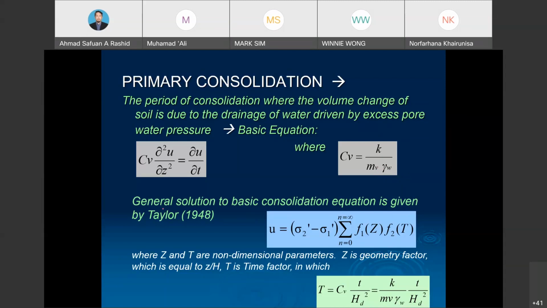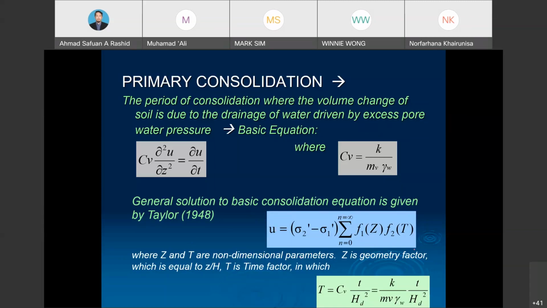The general solution to the basic consolidation equation is given by Taylor. So this is the U, where U is the consolidation property. It can reach up to 100% to consider the primary consolidation completed. Z and T are non-dimensional parameters.